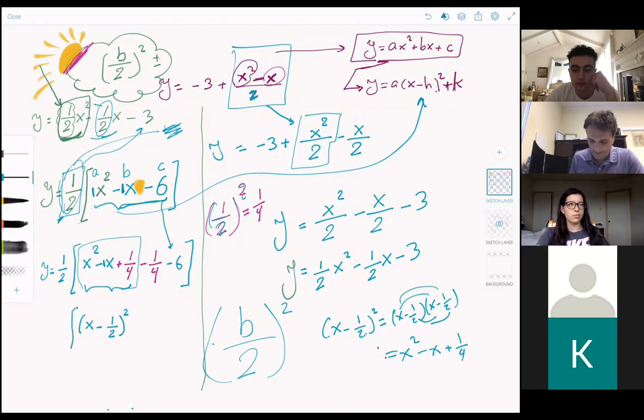So we have a bracket 1/2. Now we need to simplify the other side. Negative 1/4 minus 6 gives us negative 25/4. Correct? 4 times 6 is 24.